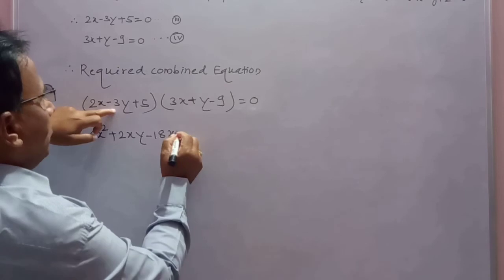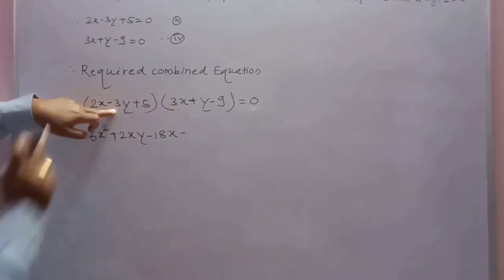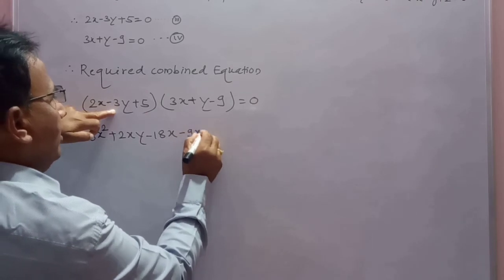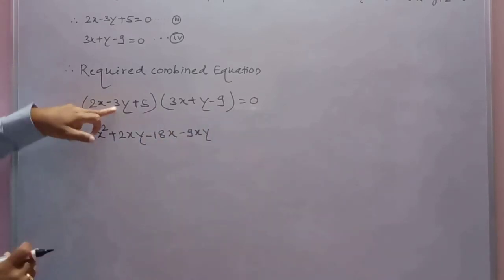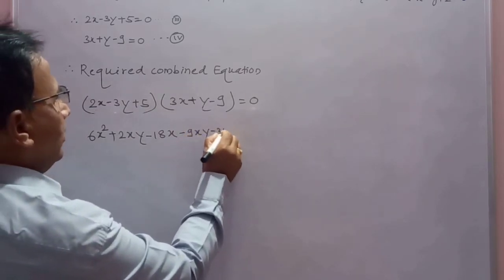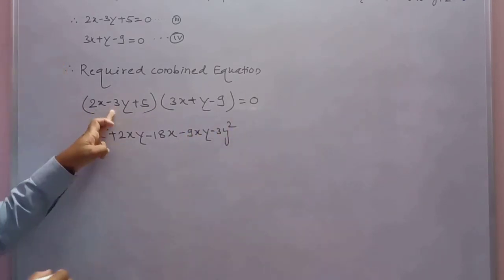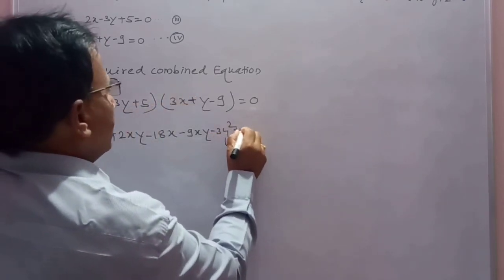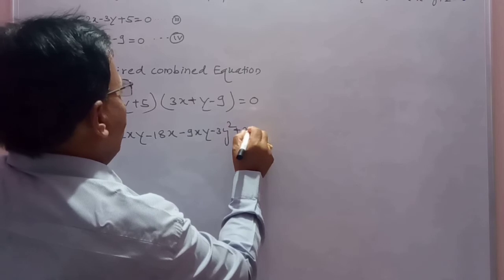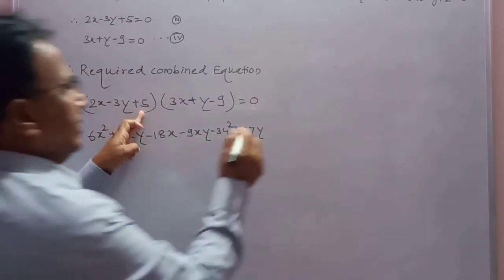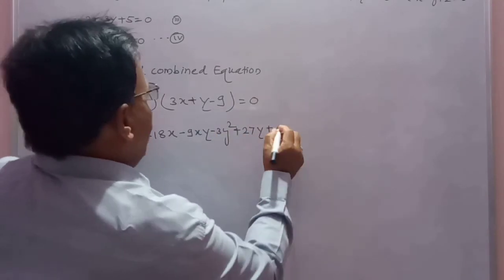We multiply minus 3y into 3x, minus 9xy; minus 3y into y, minus 3y square; minus 3y into minus 9, plus 27y. We multiply 5 into 3x, the product is 15x.